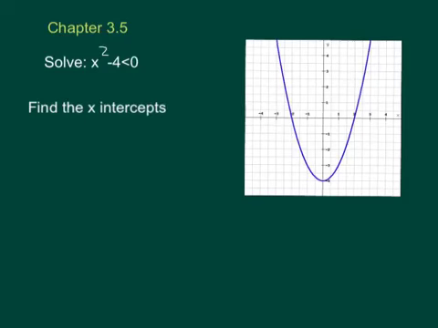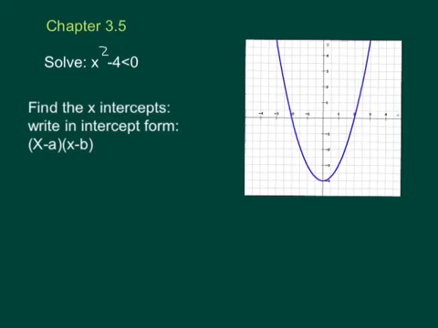And we do this by writing it in intercept form. Intercept form is x minus a times x minus b. And that's easy. That's just factoring it.